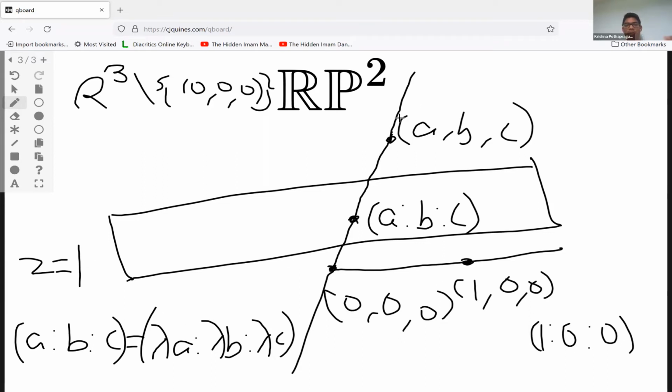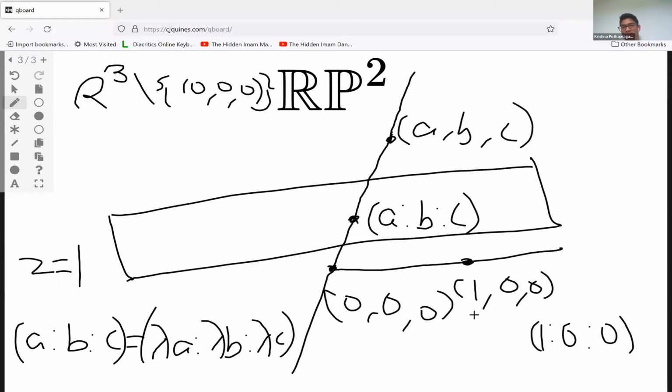So 0, 0, 0, and we're mapping all points to the plane z equals 1 like this. If we have a point A, B, C, it maps to A colon B colon C, which are homogeneous coordinates. If you think of 2A, 2B, 2C and A, B, C, they both map to the same point, and that is fine. That's how the coordinate system is defined.